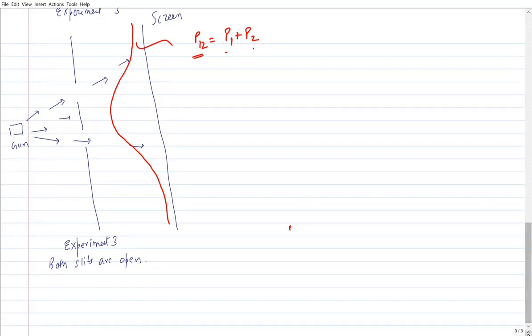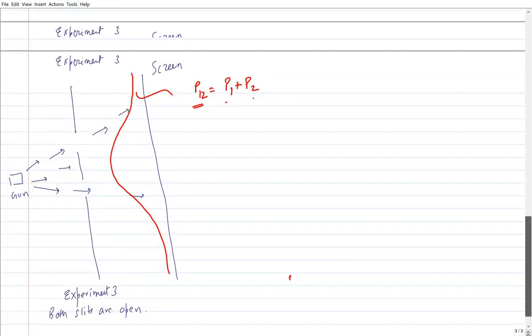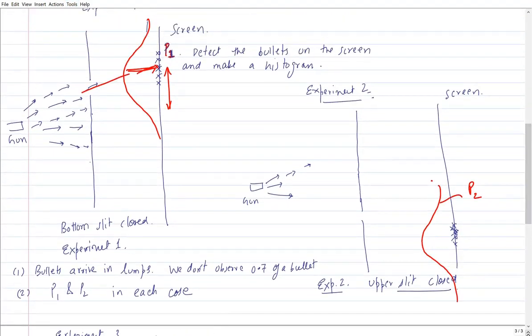Remember P1 was the probability distribution when slit 1 was open. Let me also name the slits as slit 1, slit 2.